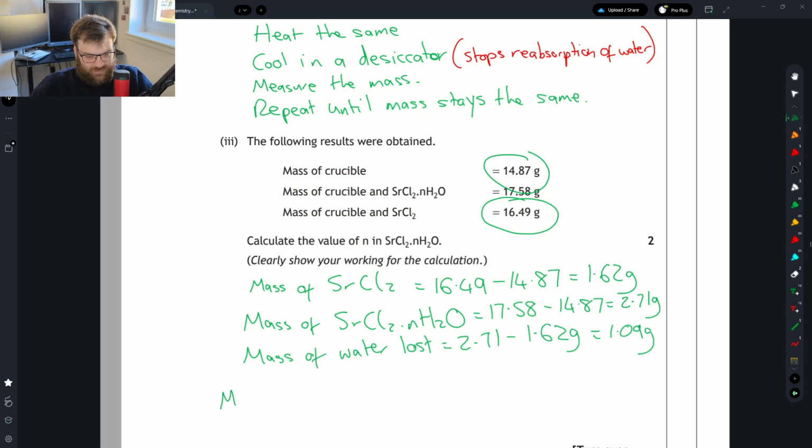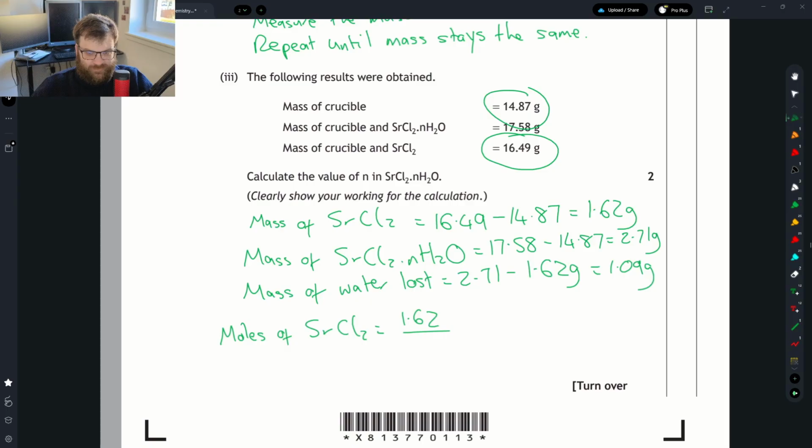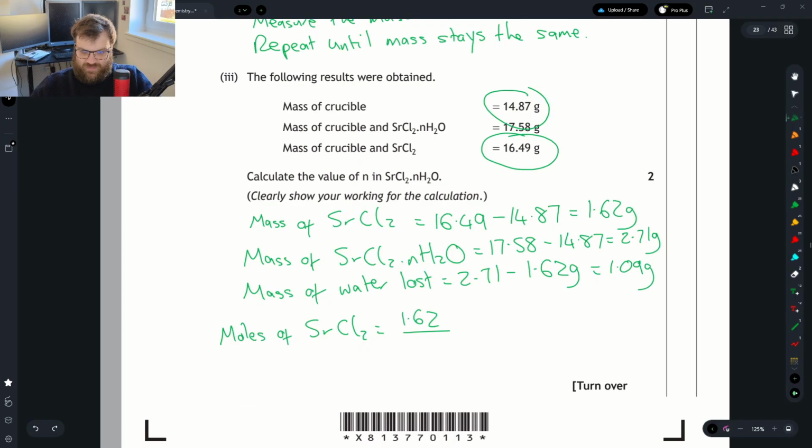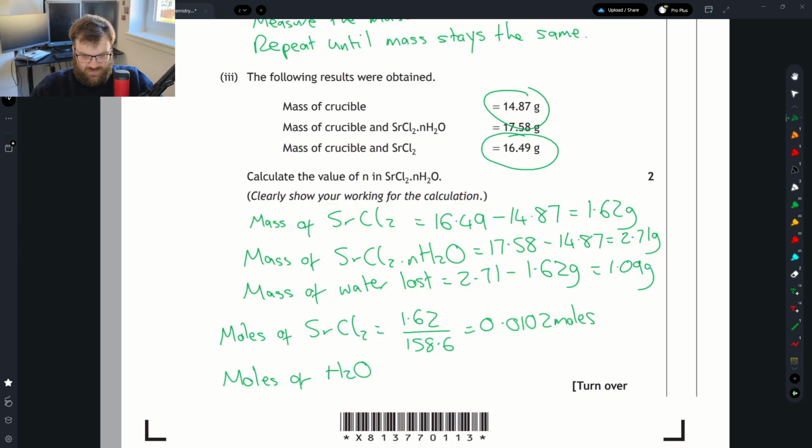You want to calculate the moles of each of them. So moles of SrCl2 equal the 1.62 divided by its GFM. So strontium 87.6, chlorine 35.5, 2 of them, so we need to take that into account. That would be 158.6. Our moles of water, 1.09 divided by the GFM.